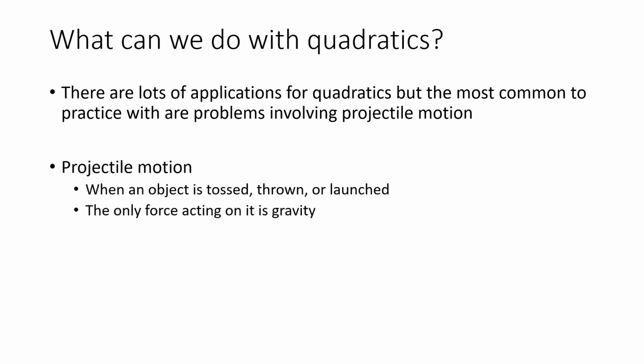Now, projectile motion is when an object is tossed, thrown, or launched. And a key fact about projectile motion is that the only force acting on it is gravity. So there's no engine attached to it that's going to cause it to continue to accelerate. And everybody, by the time you've taken an algebra class, you've thrown something.